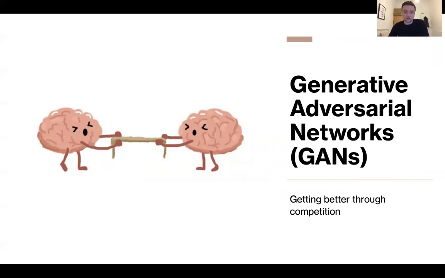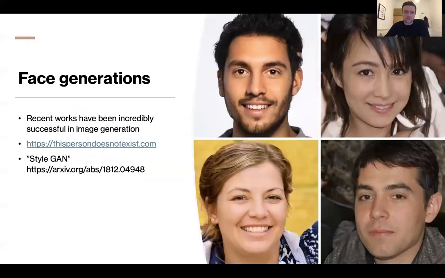They're really good at generating high fidelity images or text to speech or things like that. So for instance, these faces here are generated using a GAN, and they're of people who aren't real. It's taken from this website, thispersondoesnotexist.com. These are all computer generated images from a GAN. It's quite impressive.